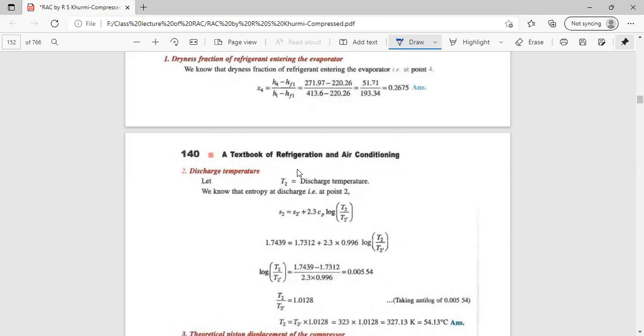So it is equal to 0.005554. Taking the antilog of it, T2 by T1 is 1.0125. So if T2 dash is known, we can calculate T2 by multiplying 1.012 by 223, which is equal to 227.13, that is 54.113 degrees centigrade approximately.